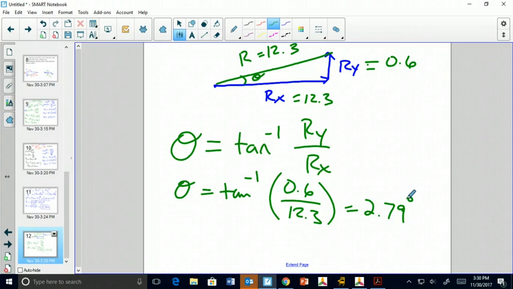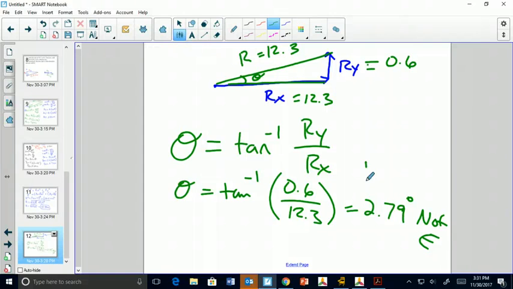What that tells me is this is a very, very small angle, right? Way smaller than what I drew here on the board. And we know that that angle is 2.79 degrees north of east, right? Because here is my east line, and I am moving upward 2.79 degrees north of that east.